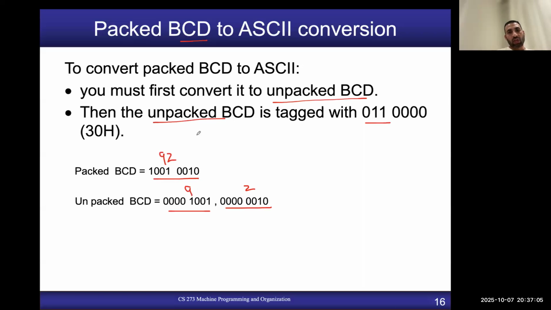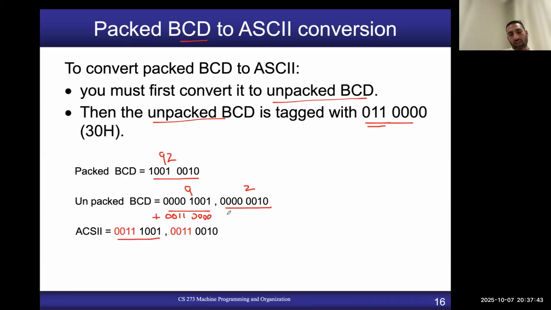Once we are done with that, we simply need to tag it with 0011, so we simply add it to the unpacked BCD form, right? Here I'm adding 00110000 to the unpacked BCD form of 9, and I get this result.